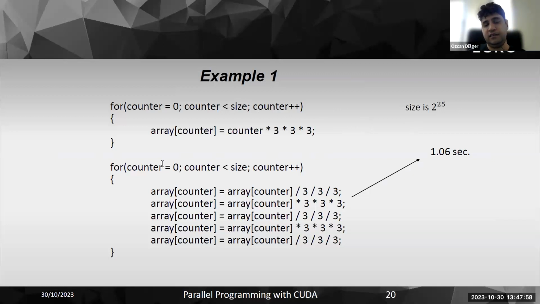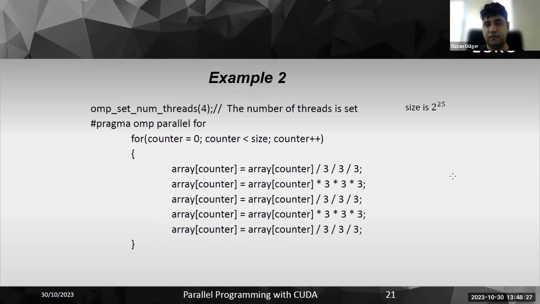In the second for loop, we do some calculations, and both the CPU and memory are very busy in these operations. When we run it serially without using OpenMP, we obtain 1.06 second execution time. And we will compare it with the results of OpenMP and CUDA.